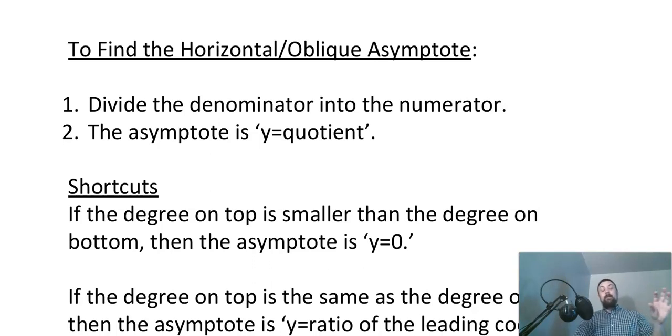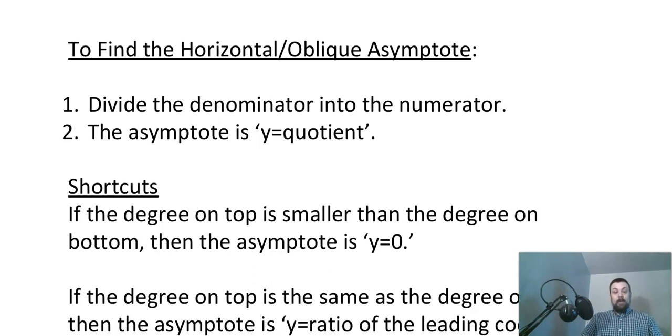That's because if the degree in the denominator is bigger, it's too big of a polynomial to divide into the polynomial in the numerator. It's like taking 5 divided into 2. 5 is too big to divide into 2, so your quotient there is just 0. It's the same thing with polynomials. If the degree on the bottom is bigger than the degree on top, it's too big to divide into that polynomial, so the quotient's just 0. And so y equals 0 will be the asymptote.